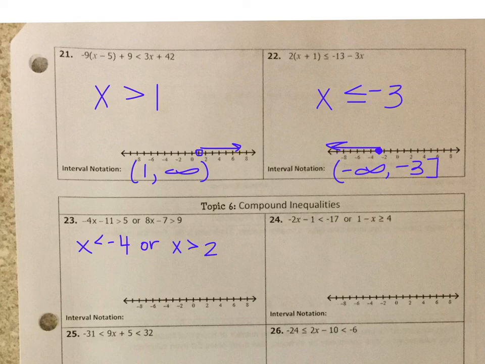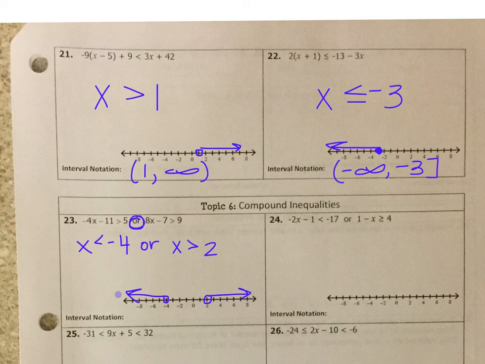All right, this one is an or, so this means my arrows are going to go opposite directions. So the first problem gave me x is less than negative 4, open circle, at the negative 4 in that way, or 2, open circle, that way.